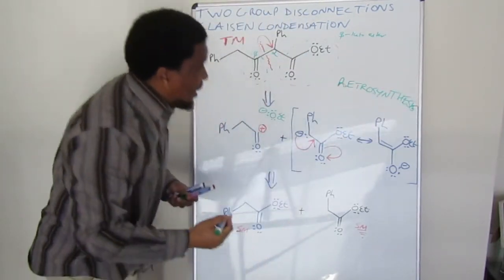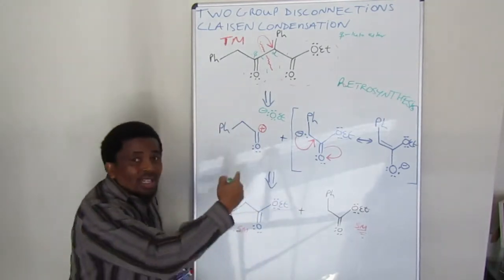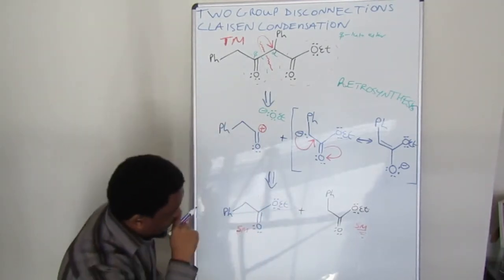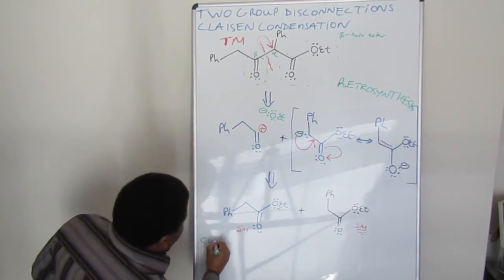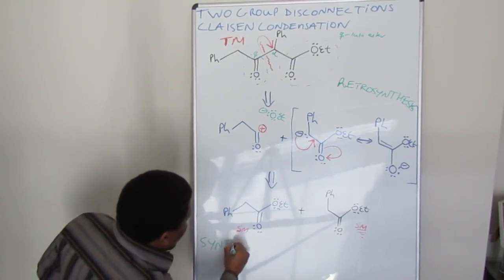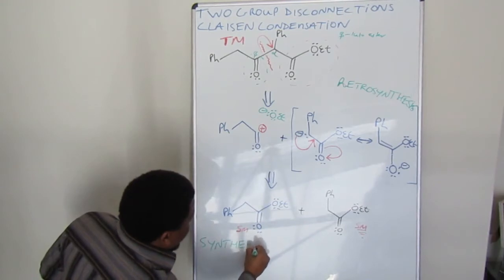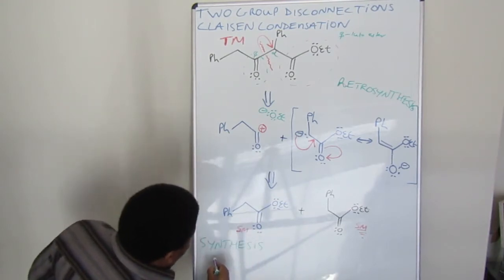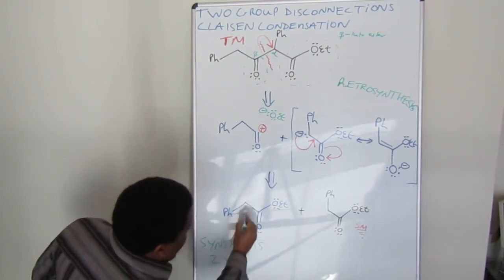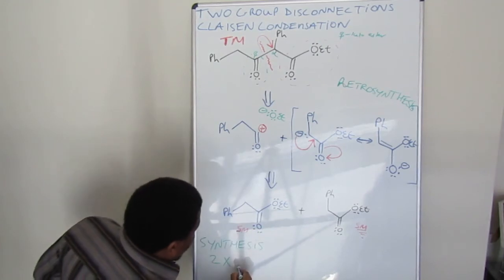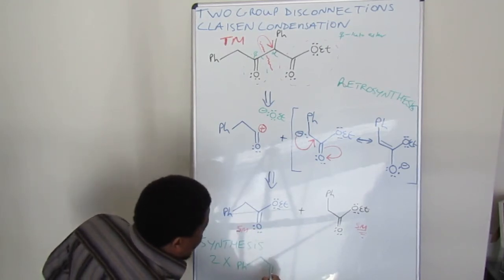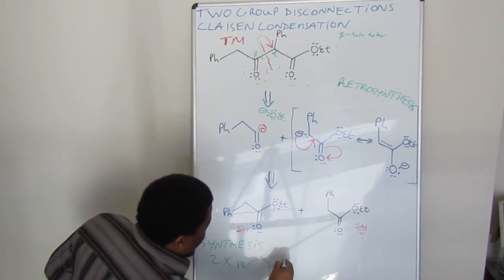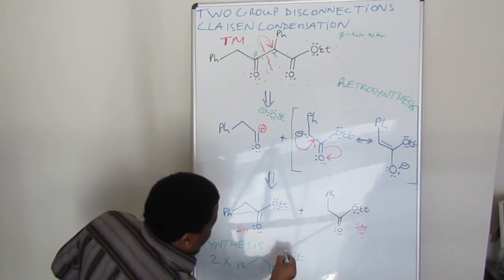So in a nutshell, if I were to look at the synthesis, in terms of synthesis I will have 2 times these molecules, these esters, Ph CH2, C double bond O, and OEt.